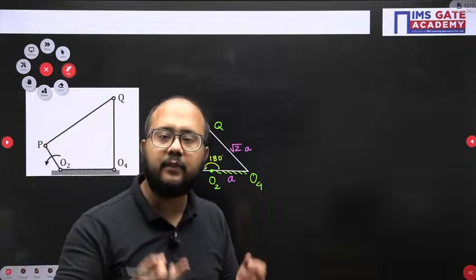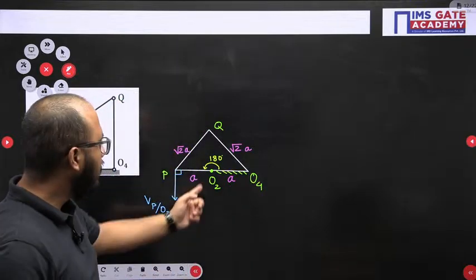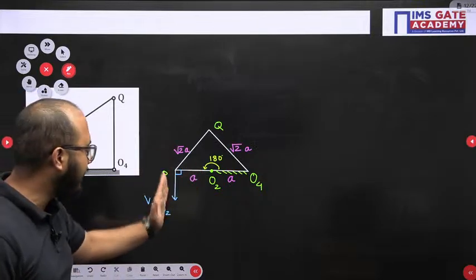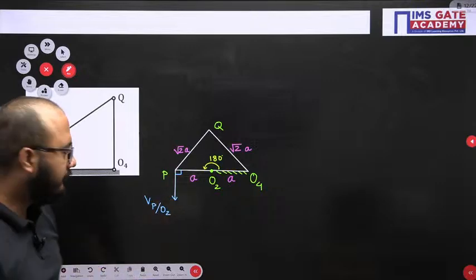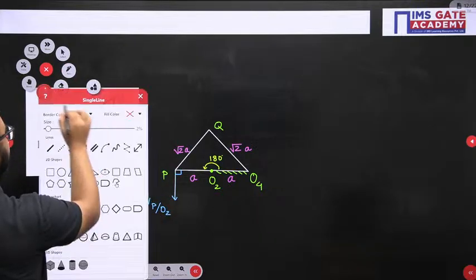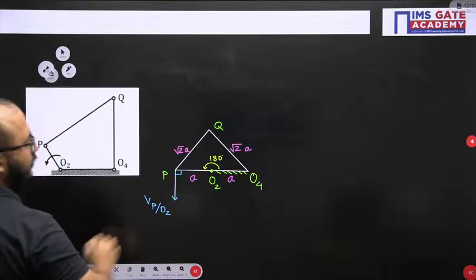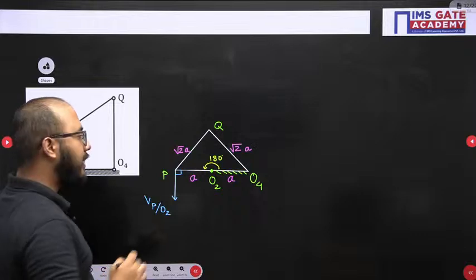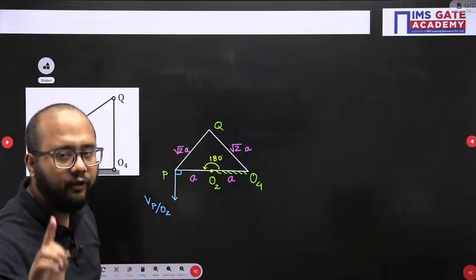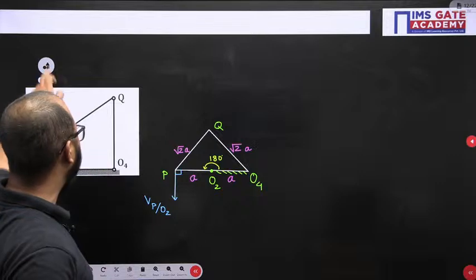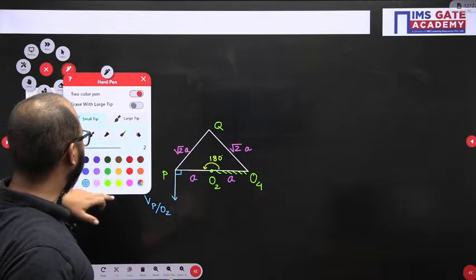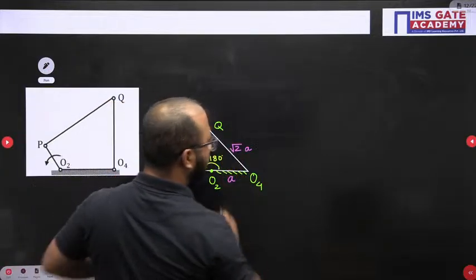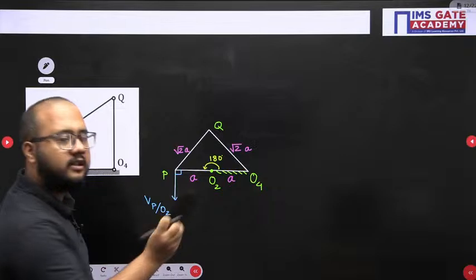Velocity vector will always be perpendicular to the link. Fine. So P with respect to O2 I have mentioned. Now for Q with respect to P, I will mention perpendicular to PQ. But before that, I have told you, basic geometry part you need to be very careful about in simple mechanisms. So that part you need to understand. Root 2A, this is an isosceles triangle.